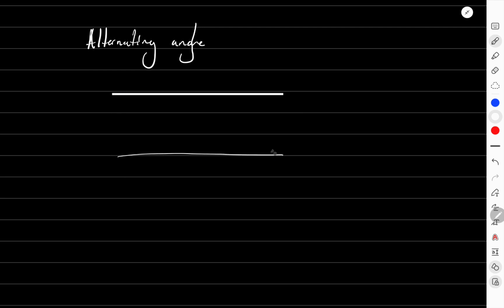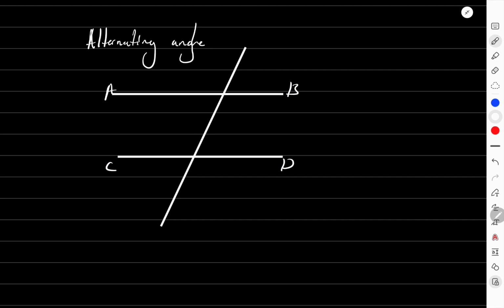Now, we are going to introduce alternating angles. Alternating angles are angles that are found within, let me just draw my structure again. I have a line like this one. Now, if I have a line like this one, I'm going to have A, B, C, D, E, F. Those are my lines.